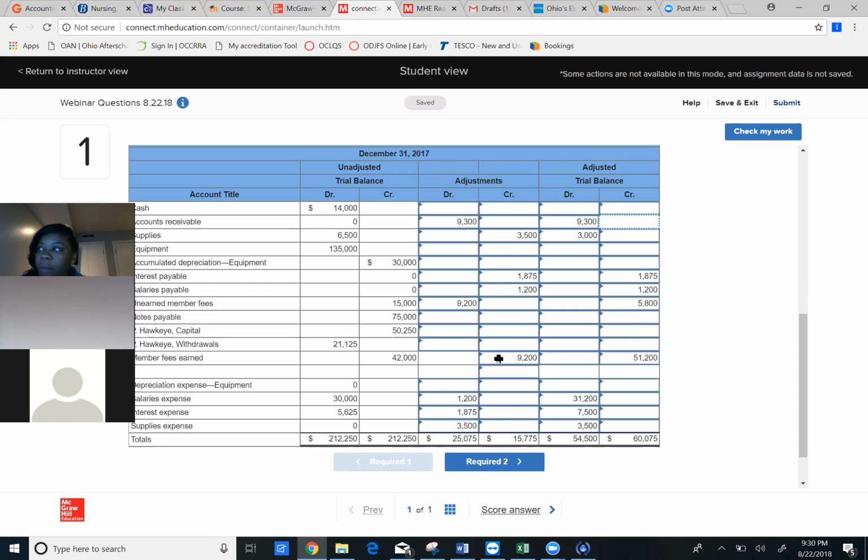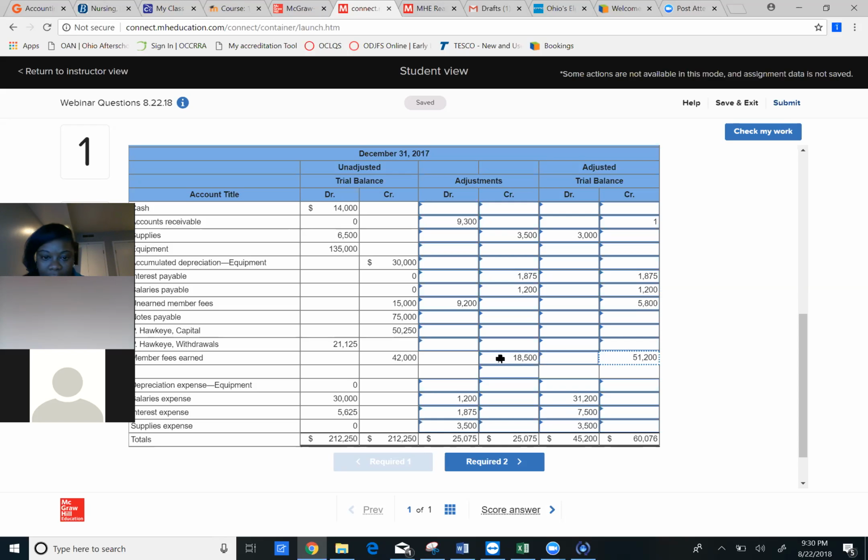Yes, it does, because if we already had the 9,200, 9,200 plus 9,300 equals 18,500. So then that means that this changes also.